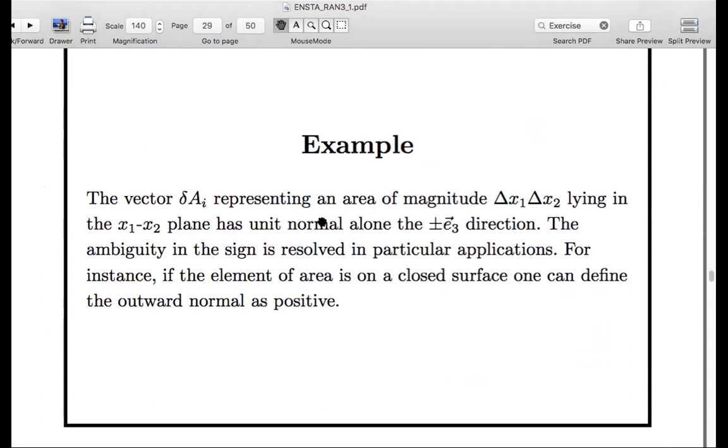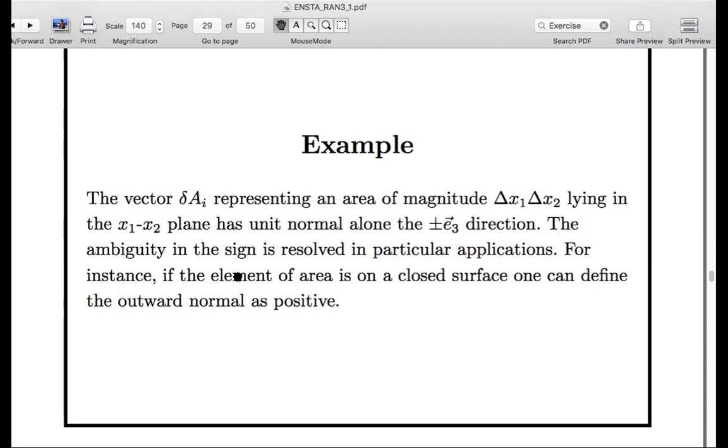Okay, so I've already given this example, but I'll just do it. Actually, I did do it a bit quickly. You might have noticed that I said the direction is along the z-axis, but it could have been pointing down too, right? So there's an ambiguity there.